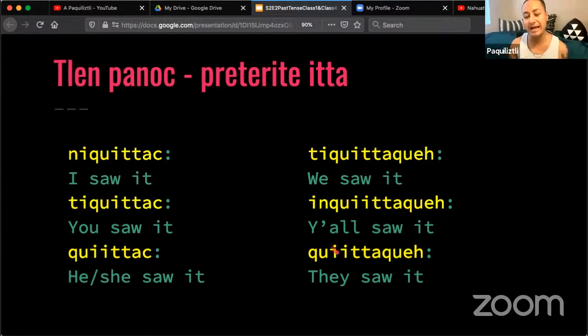And notice when these I's are together, we slightly elongate them. So it becomes from quiitta, it becomes quiitak. Basically quiitta, when these I's are together, you do elongate them. Now there are some varieties in Central Nahuatl, they would just say kitak, or they would say kitake. So some varieties do join them together, so be aware. But in our variety, we slightly elongate it.